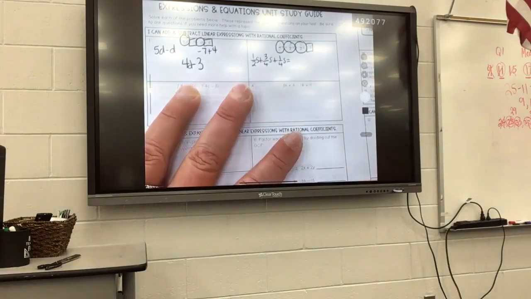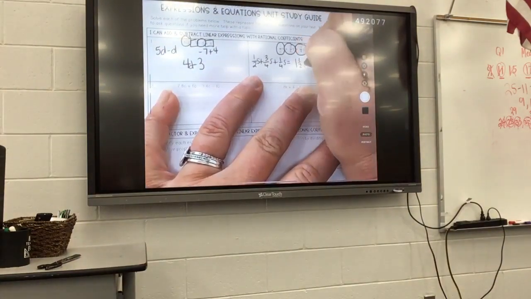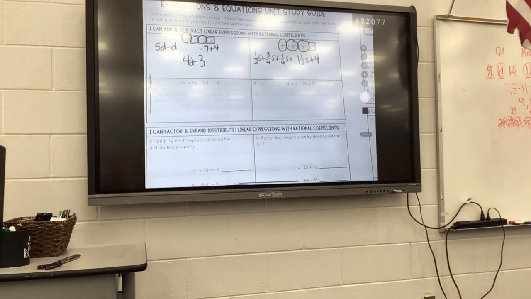What is that going to equal? And then we just add our 4. Why do we not combine the 4 with anything? Because it's not a variable. The other ones, you combine like terms. Right, so the other ones have a variable.